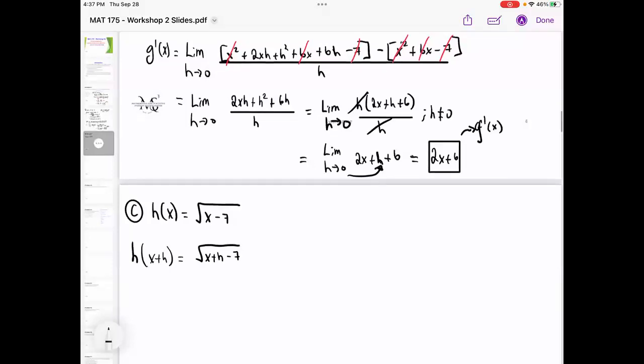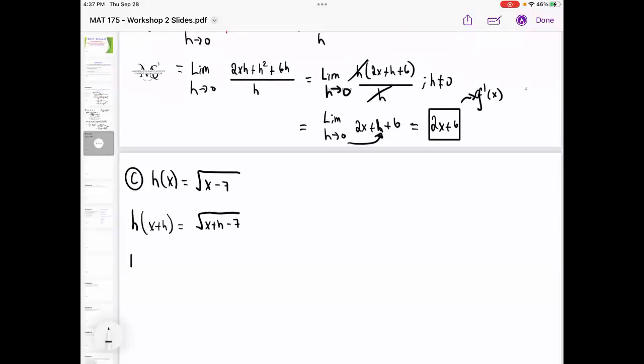Now we apply our limit definition. It says that we take the limit as h approaches 0 of the square root of x plus h minus 7, minus the original function, which is the square root of x minus 7, all divided by h. Now, you've seen an example of computing these limits when you were computing limits analytically.